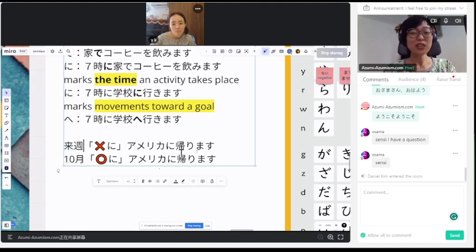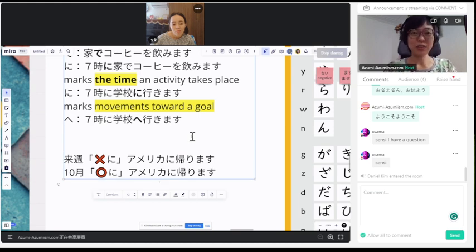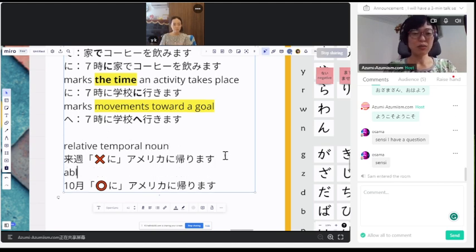This is how I usually explain it. It might be a difficult term, but: temporal nouns. Relative temporal nouns versus absolute temporal nouns.